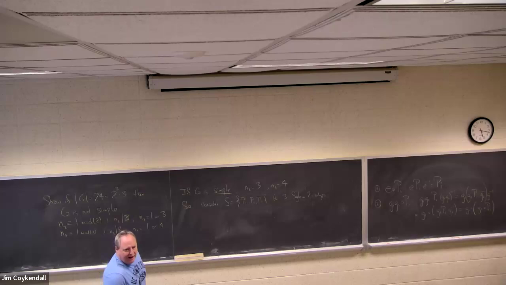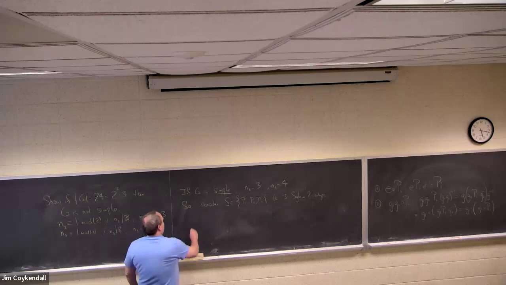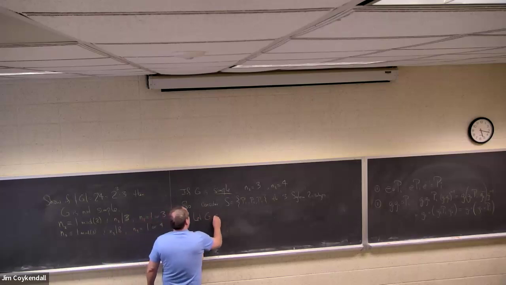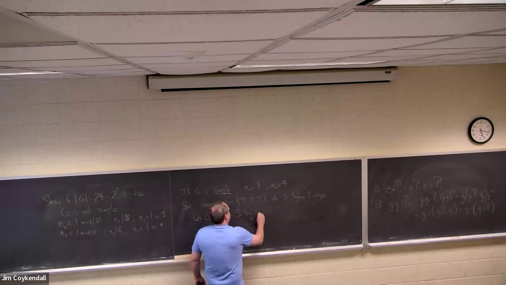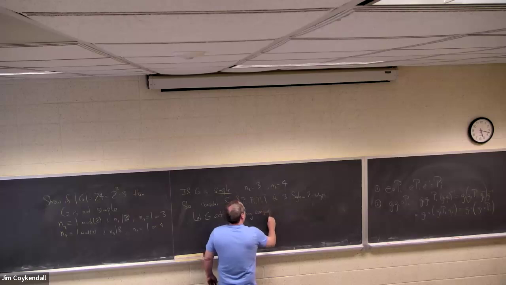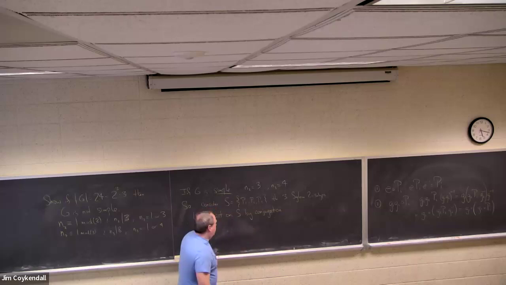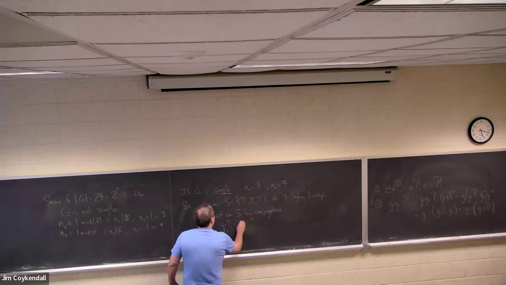And I'm going to let G act on this set S by conjugation, just like we did before, right? Any element g of G acting on one of these Pi is g Pi g inverse.